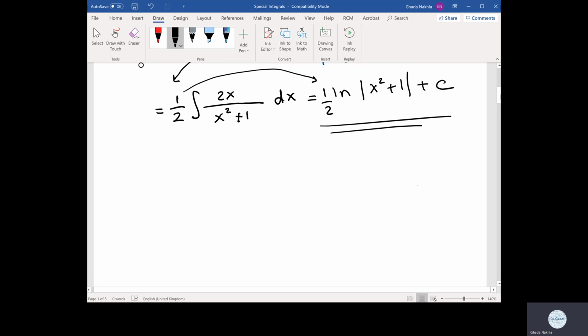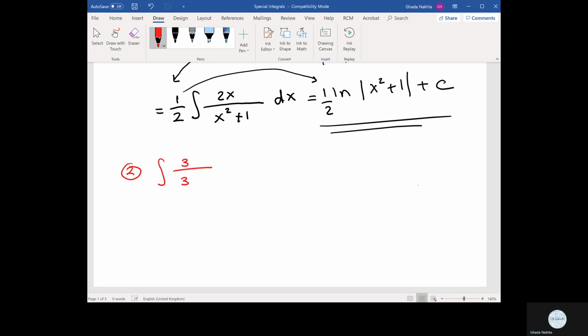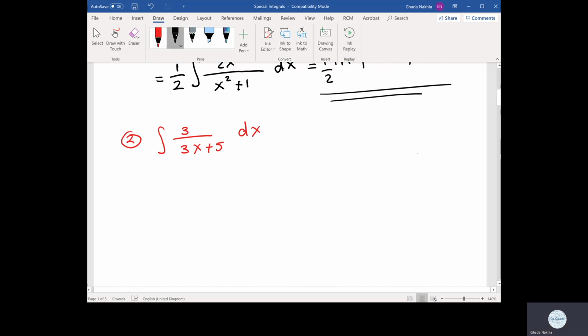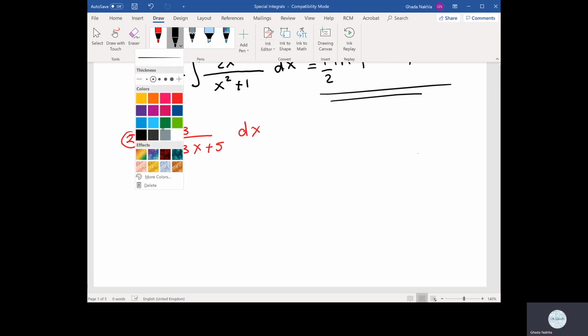Let's look at a slightly different question. Question 2. I'm integrating 3 over 3x plus 5 dx. Okay, let's take a look at the denominator.